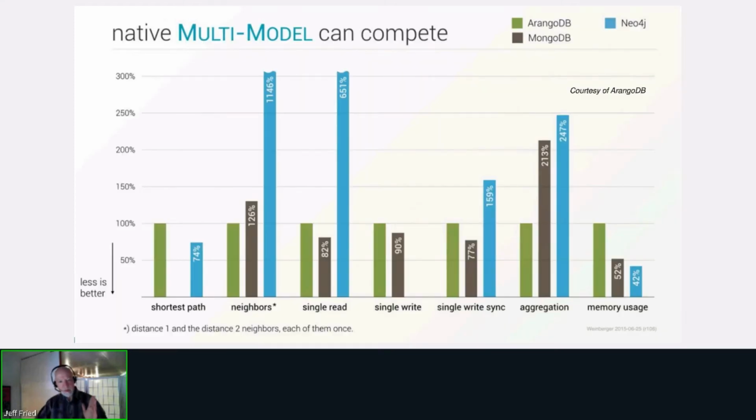But it turns out even on direct single applications on different models, a multi-model store can be pretty much as fast as a specialty store. In this case, the blue is a graph and the brown is a document data model, and the green is a multi-model database.